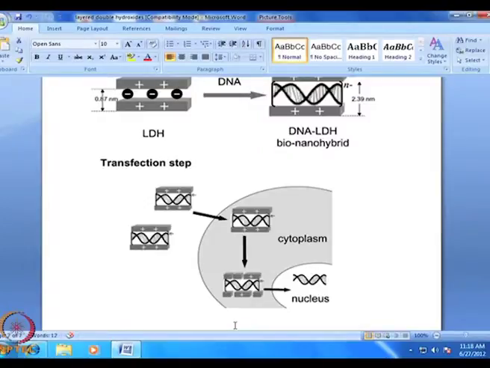So, here using this layered double hydroxides, it is not only drugs, but we can work at DNA level, where the DNAs bring in the layers of the brucite at appropriate distances, and then it is put into the body.